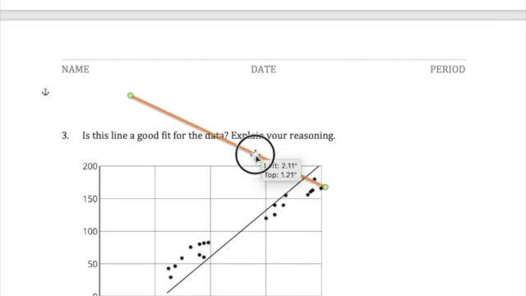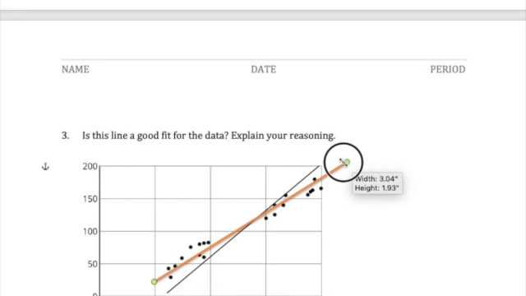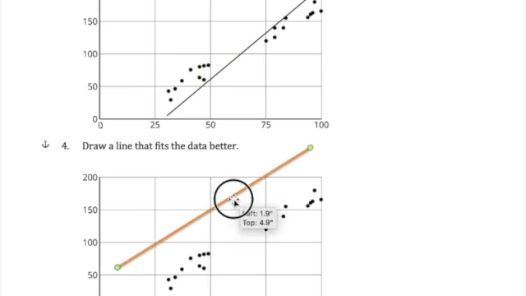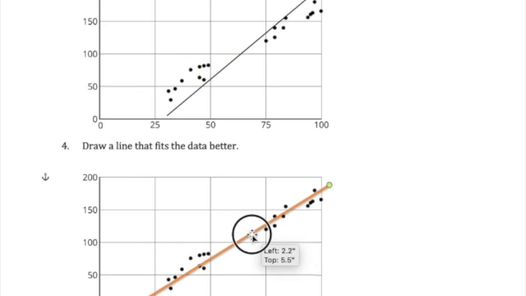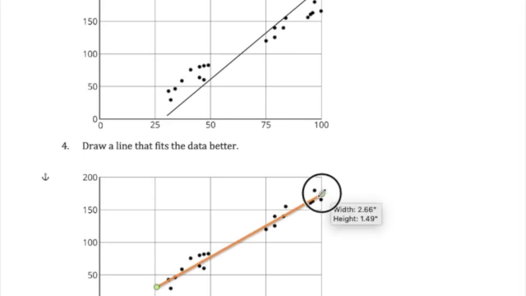This line here is a bit weird because at the end it's above everything, and at first it's below everything, which isn't really great because that means it's under predicting at first and over predicting at the end. So if I draw something like this, I'm now going through the middle of everything, and I see I'm actually closer to a lot of the points, and I'm over predicting and under predicting equally as I go.